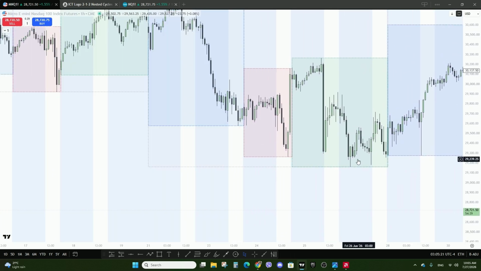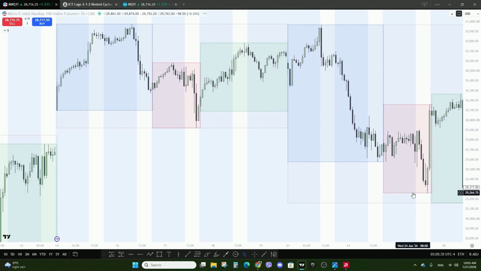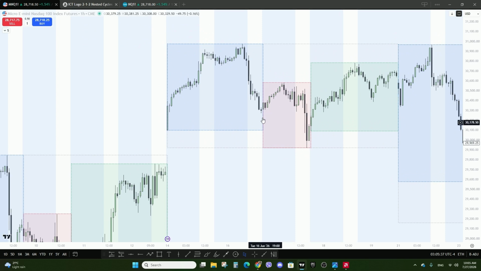Here we actually dropped a lower low on Thursday night and beginning of Friday we started to shift gears, but you can still see low of the week is around this level. Week before, low of the week here on Wednesday 3 p.m. and then distribution.